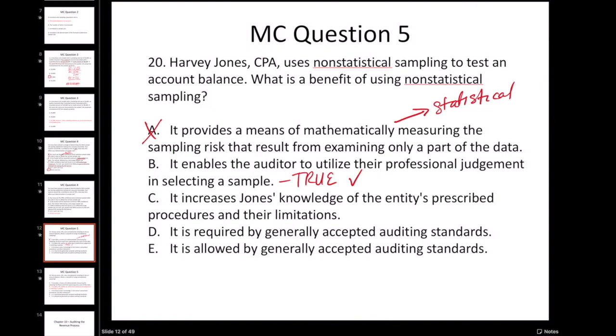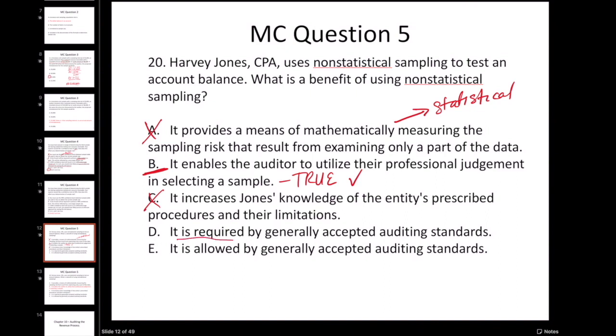It may be true of a non-statistical sample, it may be true of a statistical sample. There's no reason why non-statistical sampling might increase your knowledge of your auditee's procedures and why they're good and bad more or less than statistical sampling. So C is not a great answer, especially when we have B, which we know is a great answer.